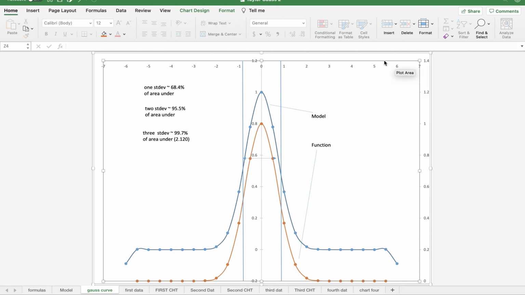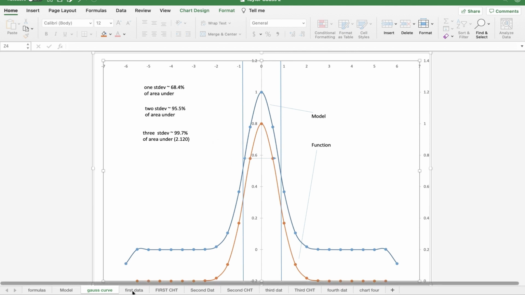Now, the other aspects that we're going to look at in this portion of the video are the 4 curves.